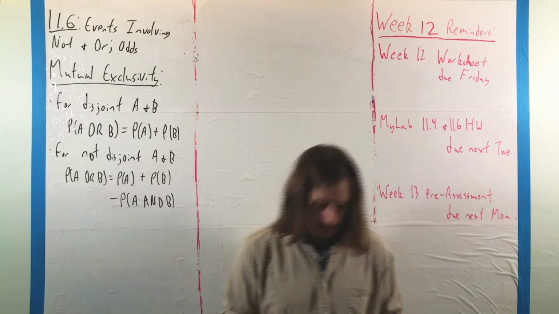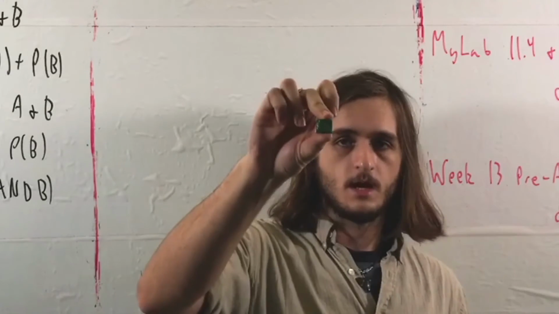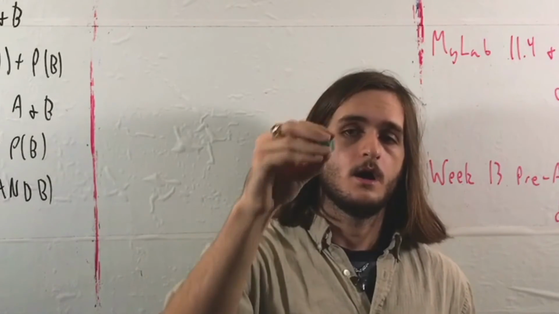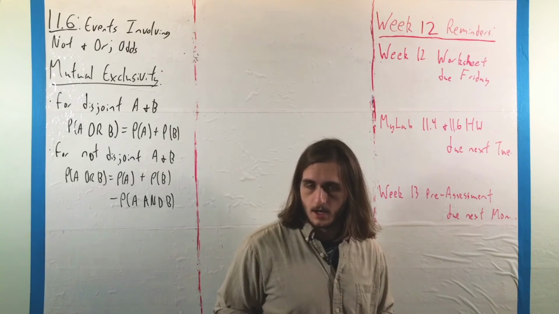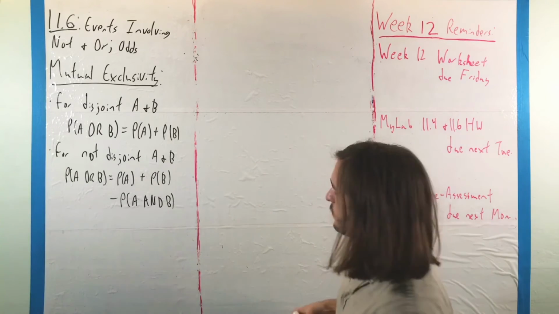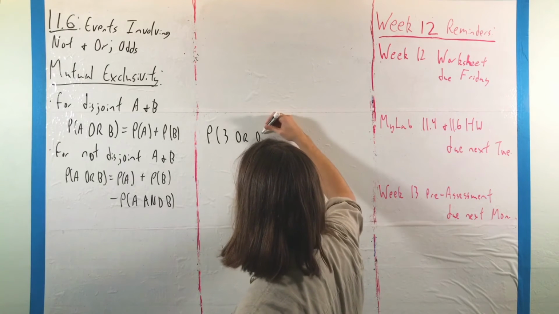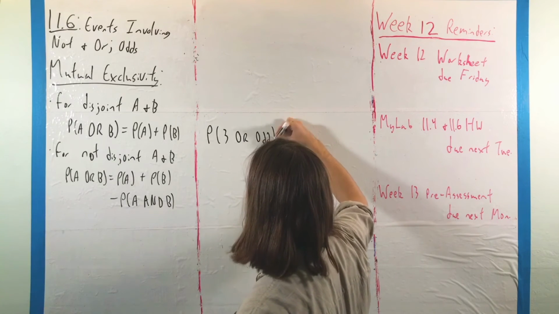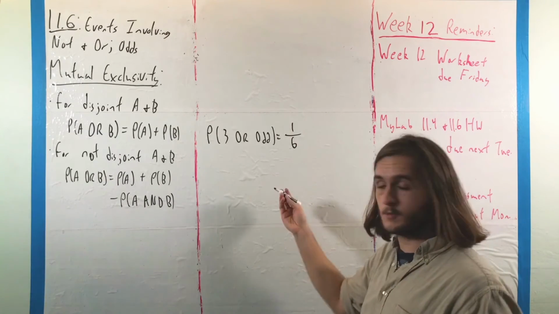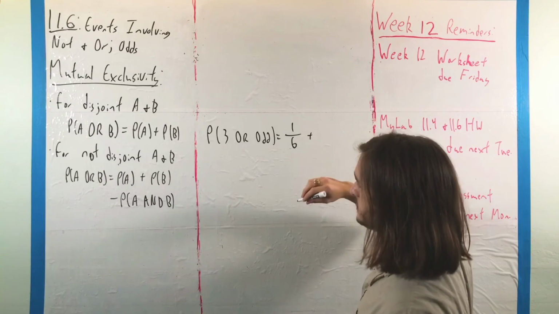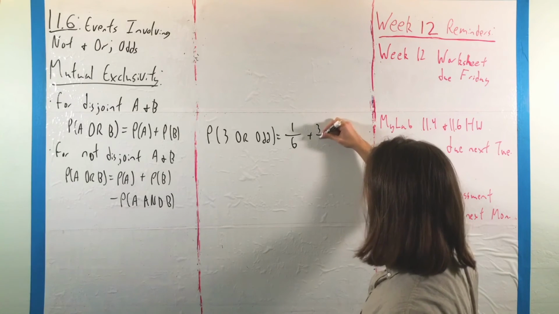So for example, if we're talking instead about rolling a die like before, and we want to talk about getting the probability of a 3 or any other odd number on the die, we must understand there that when we're getting the probability of rolling a 3, so P of 3 or odd, we have one case out of 6 which will count the 3, but then when we get the odds, we will have 1, 5, and 3 again. 3 out of 6.